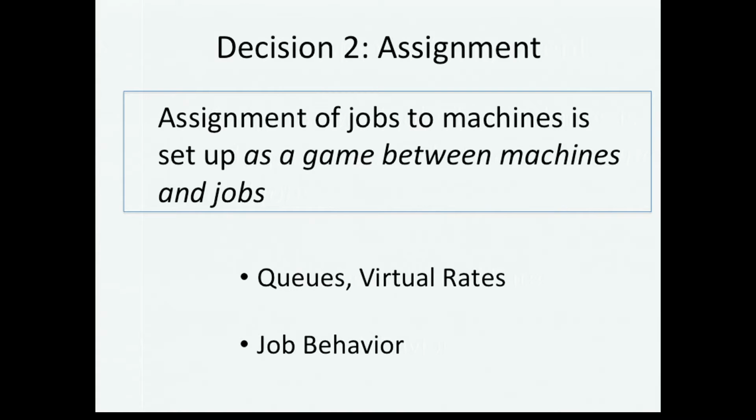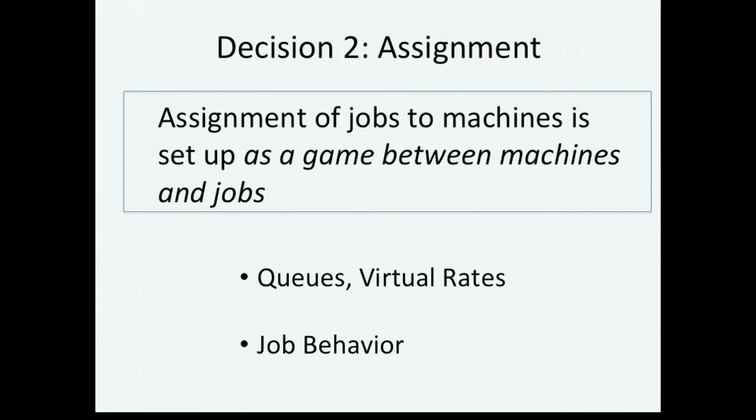We set it up as a game. Every job is trying to minimize its own flow time, and it tries to assign itself to the machine which gives it a good rate. I will make it precise, but the overall thing is that we don't explicitly calculate the assignment. We set it up as a game between jobs and machines, and an equilibrium outcome of this game will be the assignment of the jobs to machines.